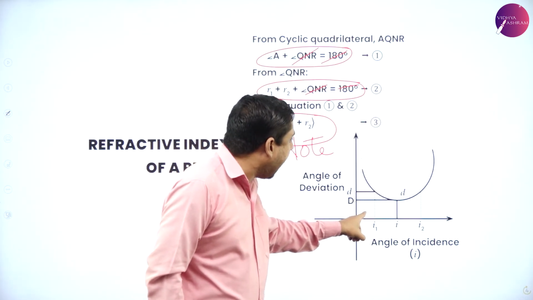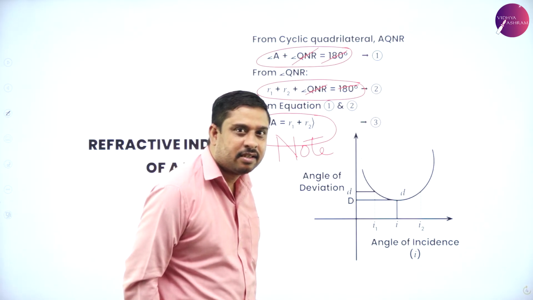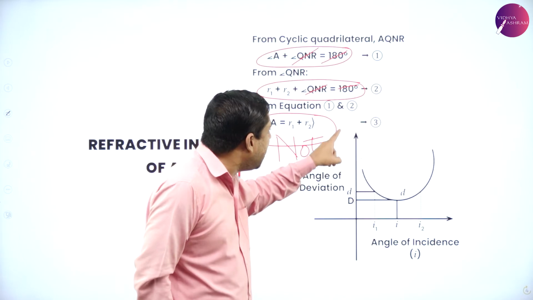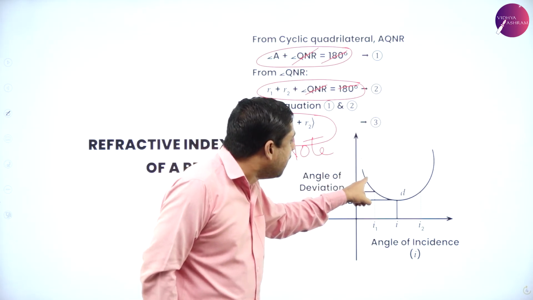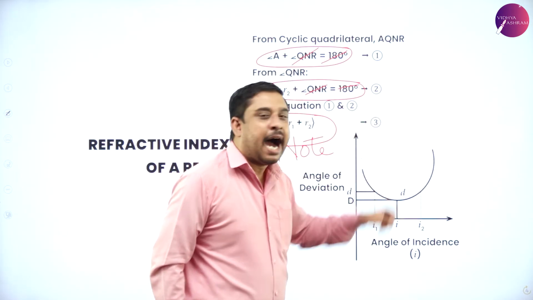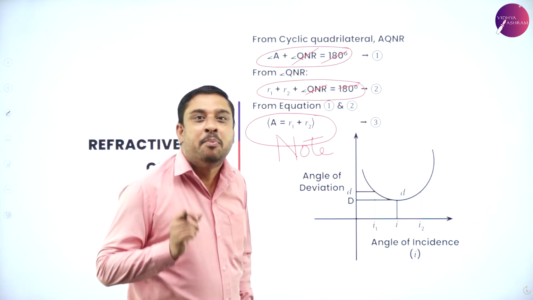Very clearly, as the angle of incidence increases, angle of deviation will first decrease and then again increase parabolically.